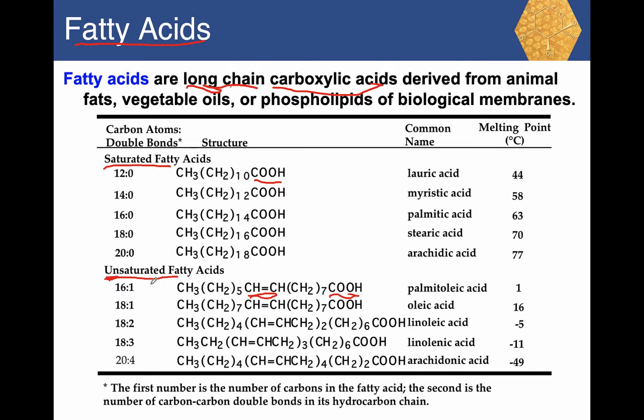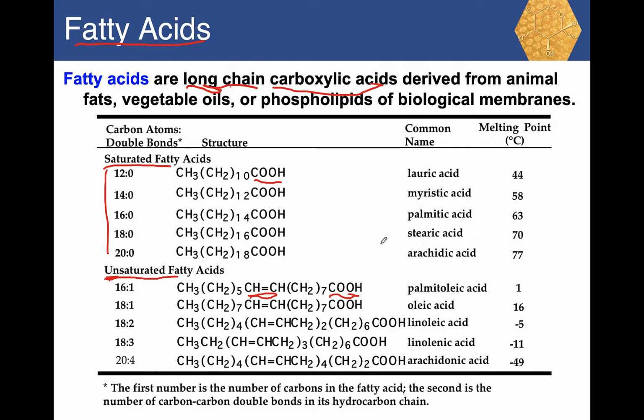So these are described as unsaturated fatty acids, and these are described as saturated fatty acids because there are no double bonds in these. Some of these names you will be familiar with, like lauric acid and stearic acid.